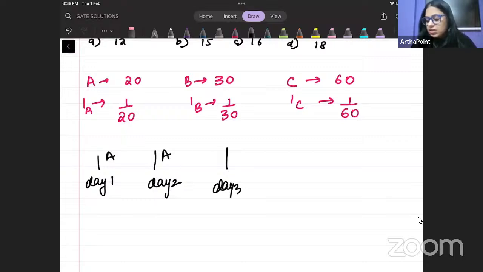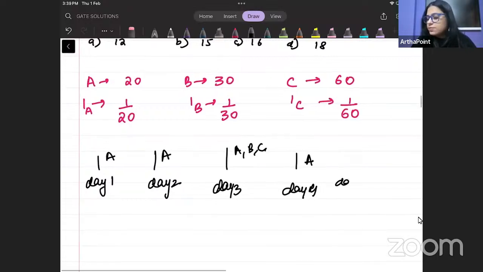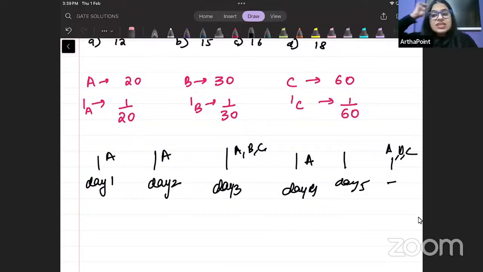On day 3 A, B and C all 3 will work. Then again on day 4 A will work, day 5 A will work, day 6 A, B and C will work. Like this, if they keep working, then in how many days will the work be completed?